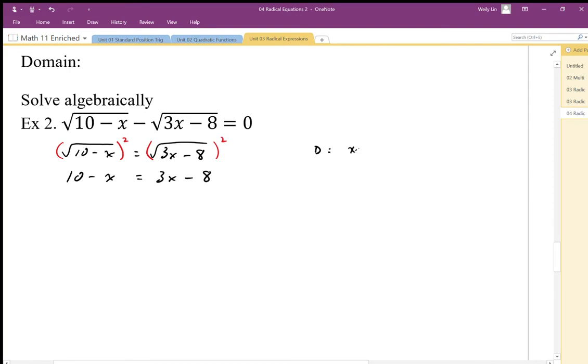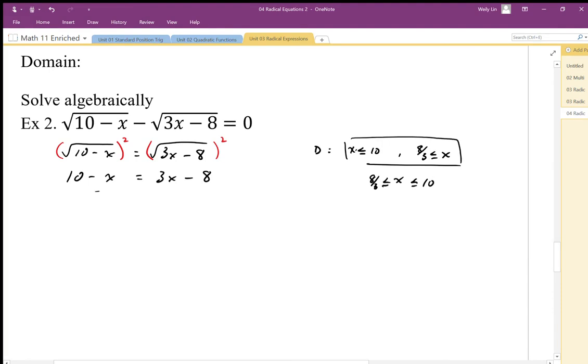So x is less than or equal to 10, and here x has to be greater than 8 over 3. Okay, so when we put this together, x has to be between 8/3 and 10.